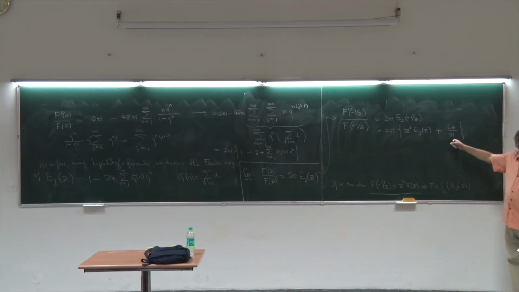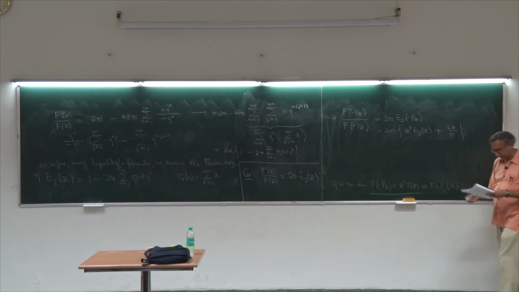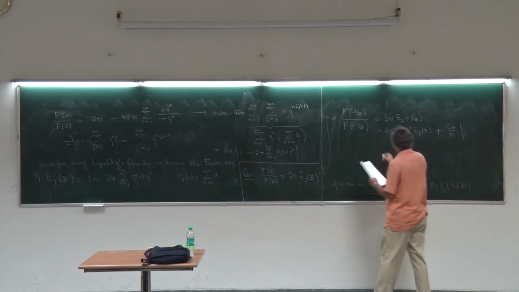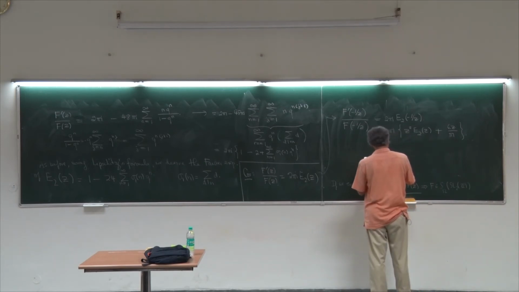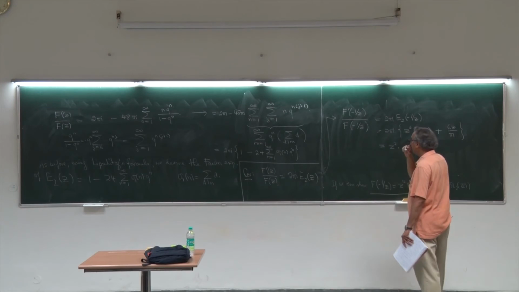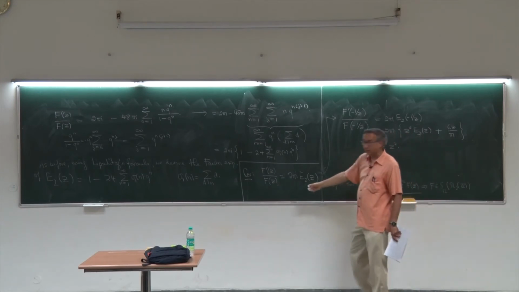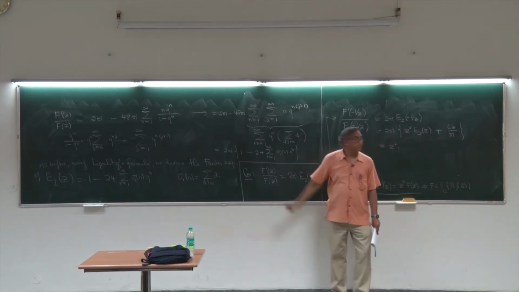Okay, so you get this, because that's the transformation law for E2. All right. And so this comes out to be equal to z squared times 2 pi i times E2 is here.